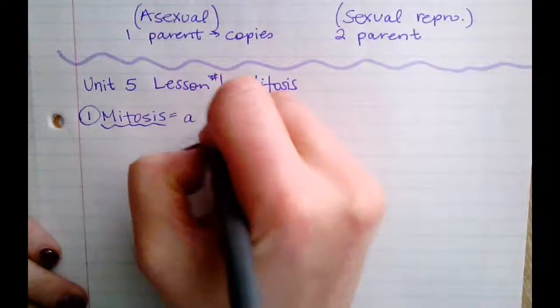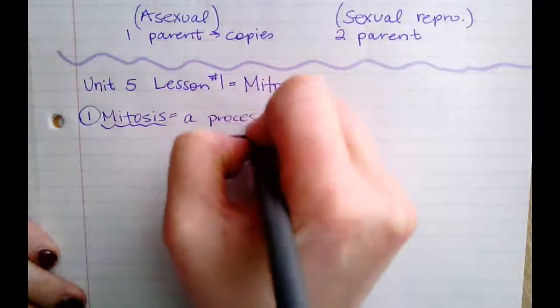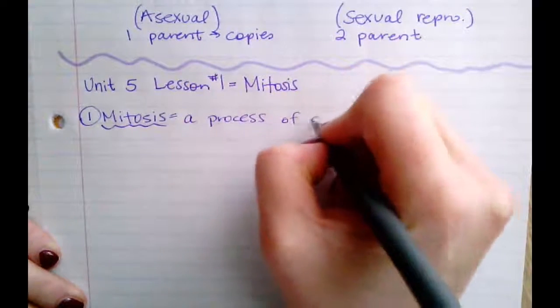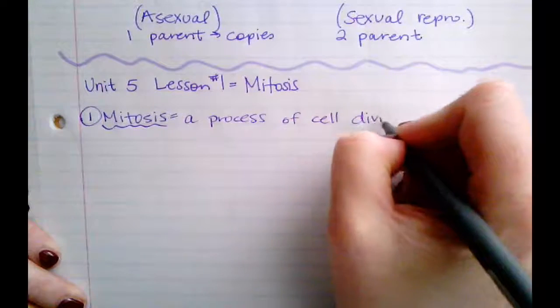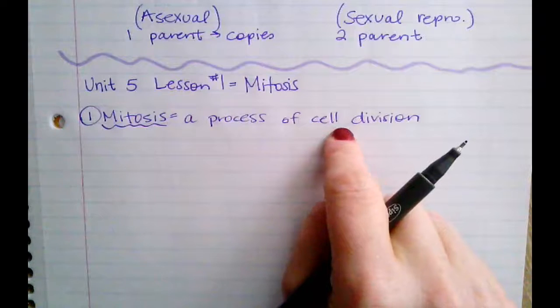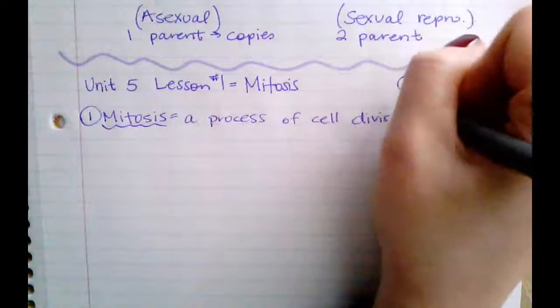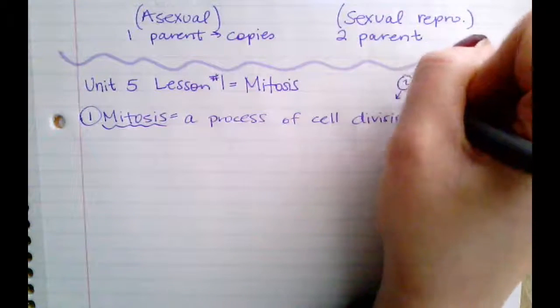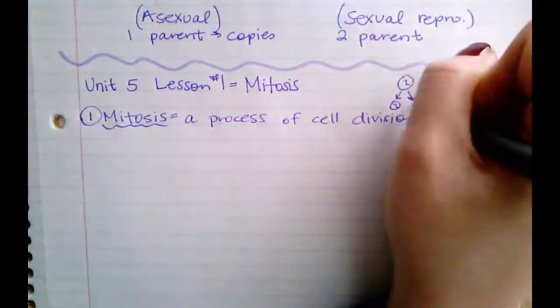So mitosis is a process of cell division. Now, when we say cell division, it sounds like it would divide or get smaller, but it actually isn't. It's actually when one cell is going to completely double inside.